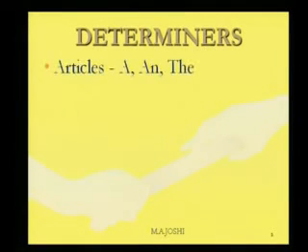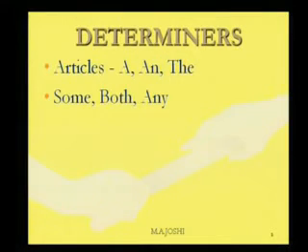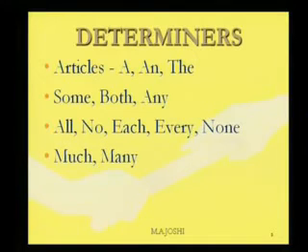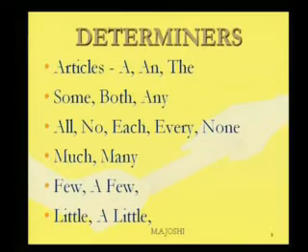In determiners there are two parts. First one is article, then some, both, any, all, no, each, every, none, much, many, few, a few, little, a little.